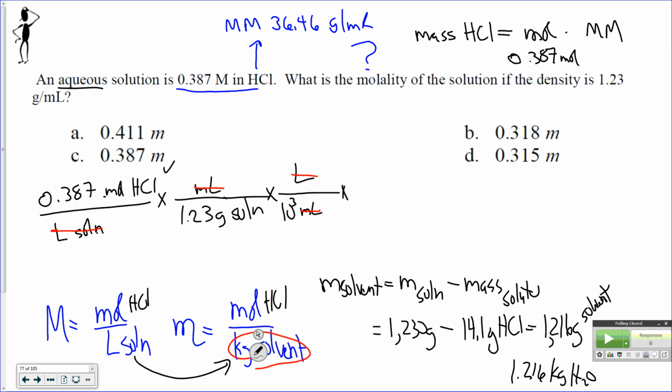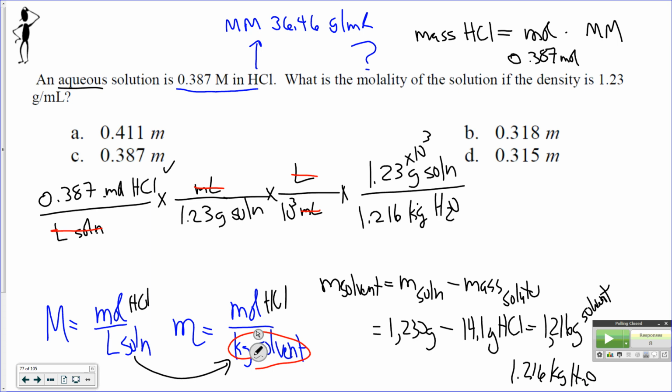Per this 100 or 1.23 grams of solution, right, there are 1.36 kilograms of water. And this is times 10 to the third to get those to multiply out.